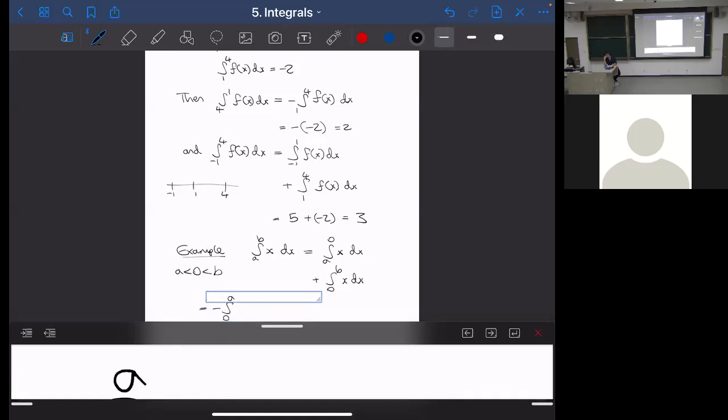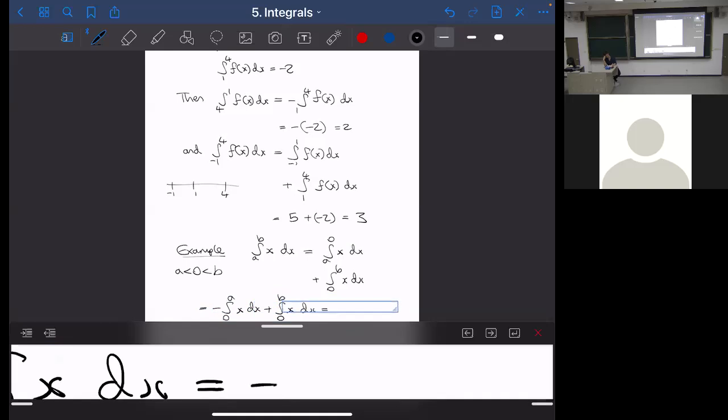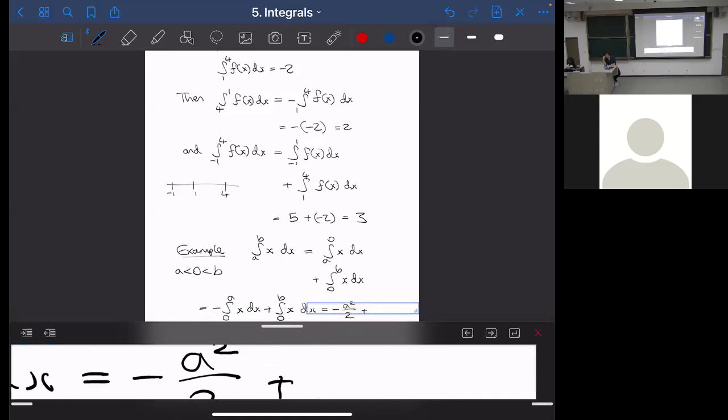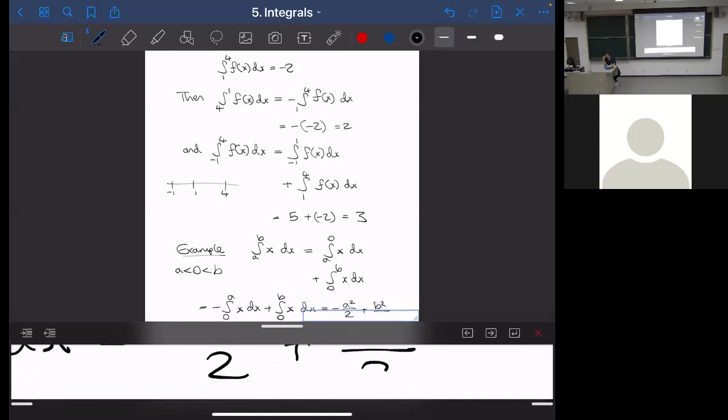Apologies, I'll just finish this. So I have two integrals. The first one I don't know, but I can change the order of the limits to get the integral from 0 to a, which I do know, so minus a squared over 2 plus b squared over 2. Okay. So these are just the simple examples we can calculate so far, but we'll be able to calculate lots more and then use it. Okay, thank you.